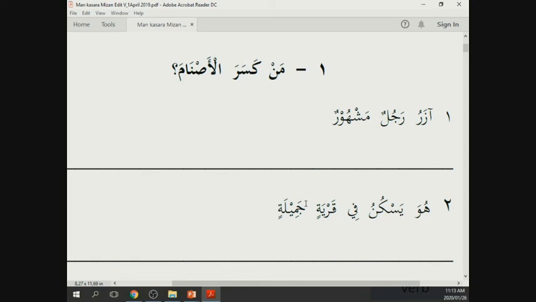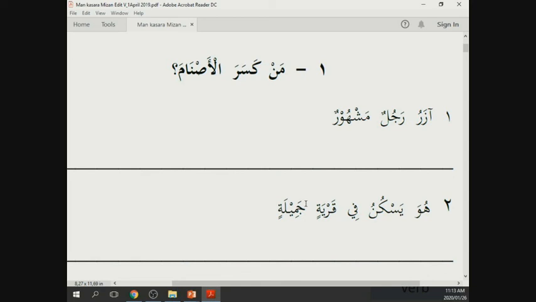But هذه means this. هذه means this. But for plural to mean what? These. So the people are prostrating to these idols. The people are prostrating to these idols. Okay, good, mashallah. Any questions?